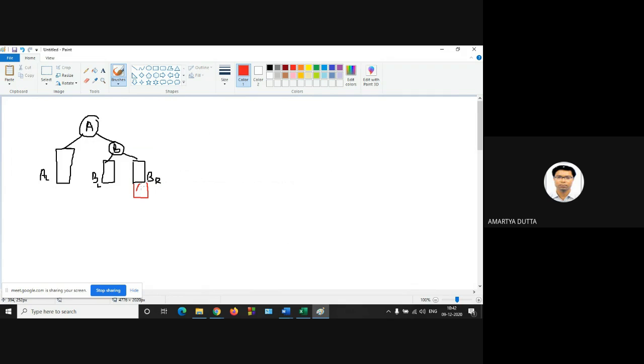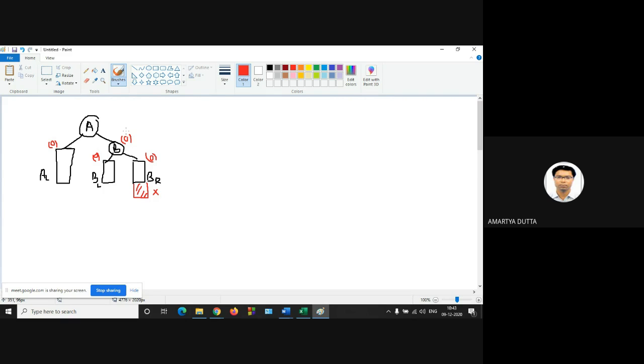Let this be your X. Now before insertion, what will be the balance factor of AL? This is 0. The balance factor of BL is obviously 0. The balance factor of BR is again 0 before insertion, and the balance factor of B is 0.